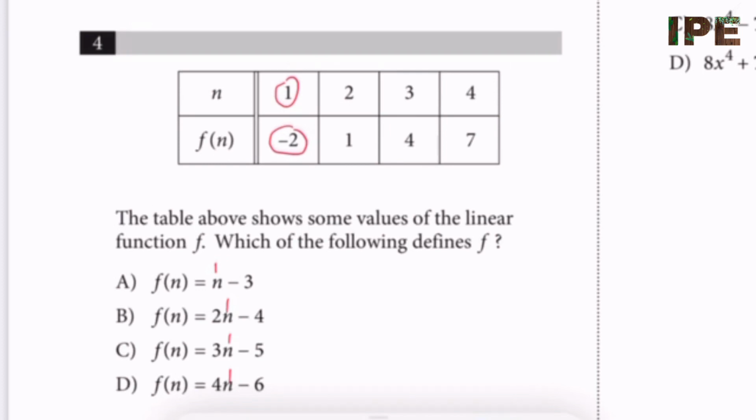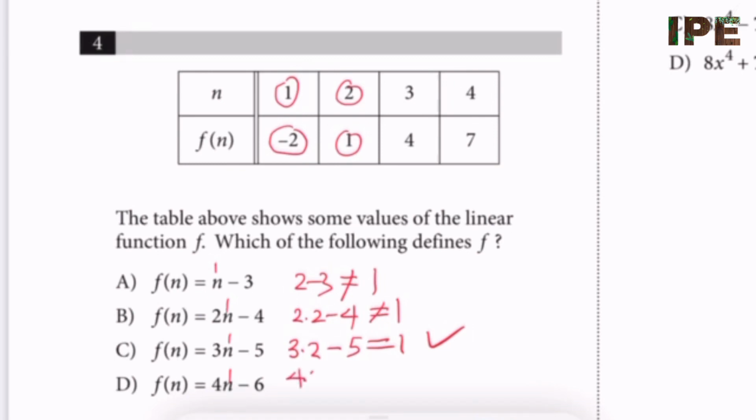Now, when n is 2, the y value must be positive 1. So 2 minus 3 is positive 1? No, that is not positive 1. What about 2 times 2 minus 4? That is not 1. What about 3n minus 5? 3 times 2 minus 5. Yes, this is 1. What about 4n minus 6? If n is 2, 4 times 2 minus 6, 8 minus 6 is 2.